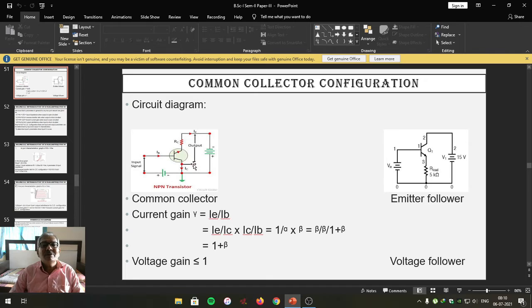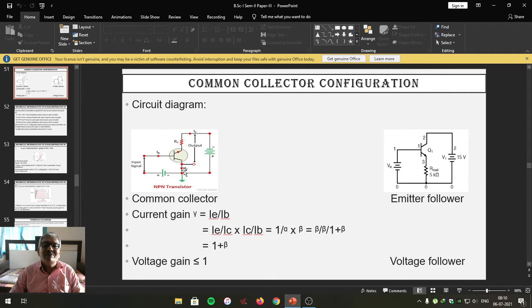In case of common collector configuration, output is taken across emitter and ground, whereas input is applied between base and collector. Again I will repeat: collector is common for input as well as output.